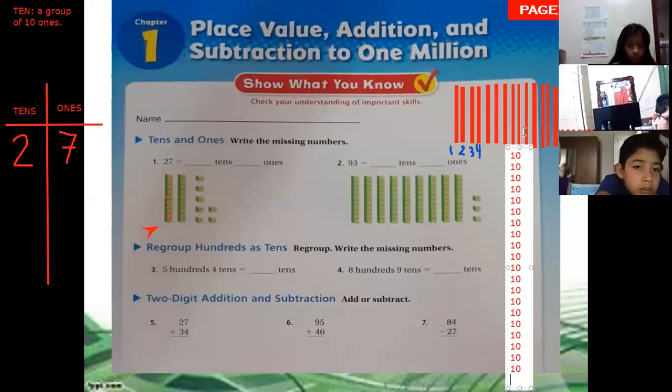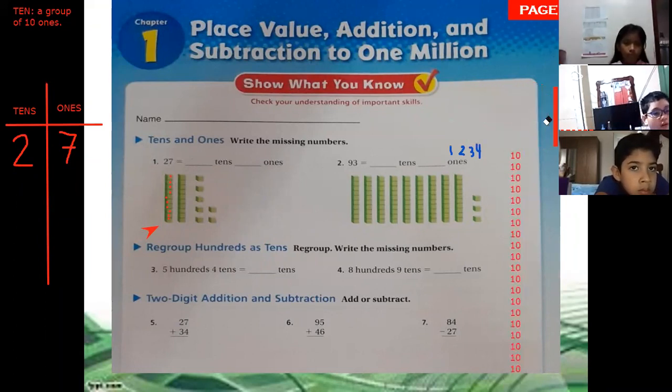If you have 27 objects, you can make only two groups of 10. No more. So this is too many and it's not correct.